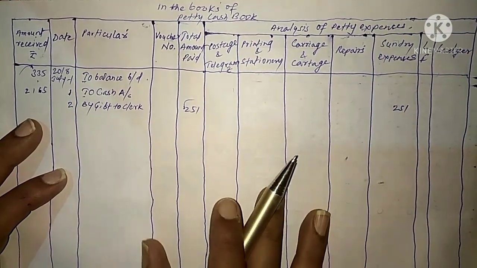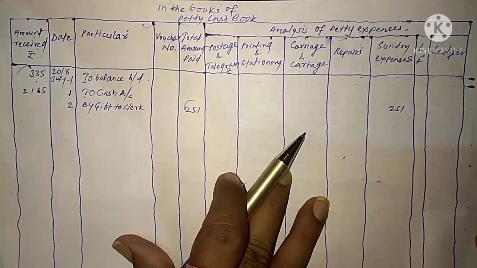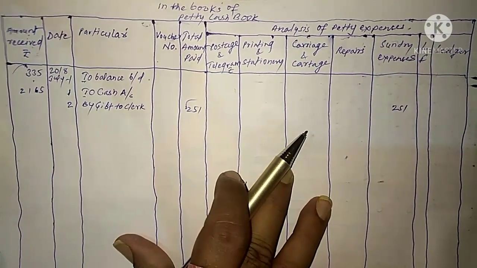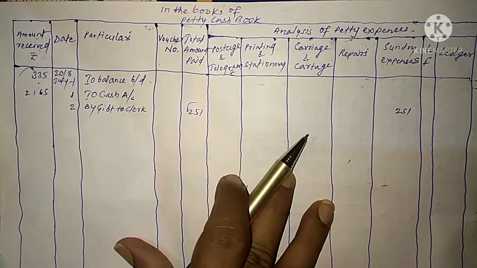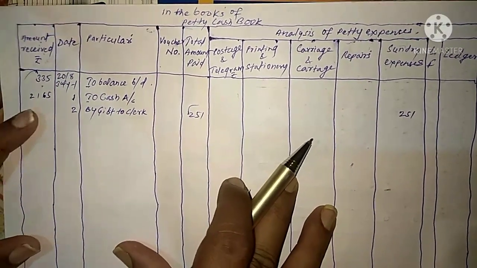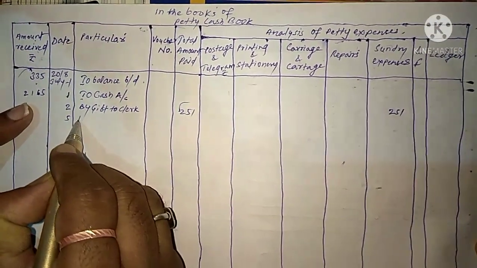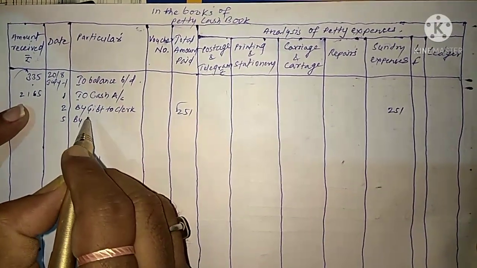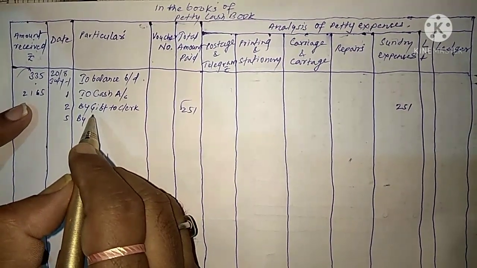And then next transaction is there, paid for registered and speed post. So date is the 5th July. So in date column we have to write 5th, and here we have to write by registered and speed post.